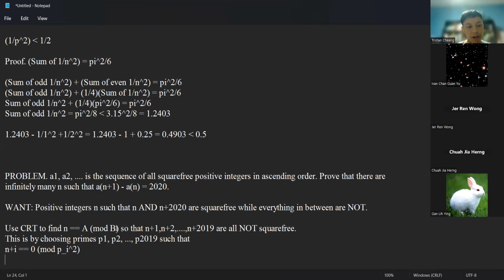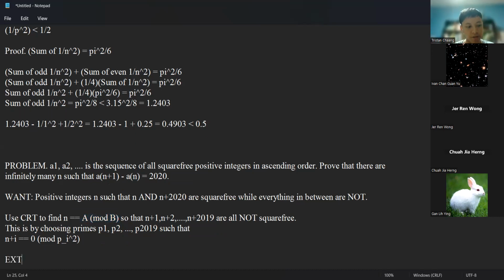So now we have these numbers such that n and n plus 1 until n plus 2019 are not square free. So now the extra condition we need is that n and n plus 2020 are square free.